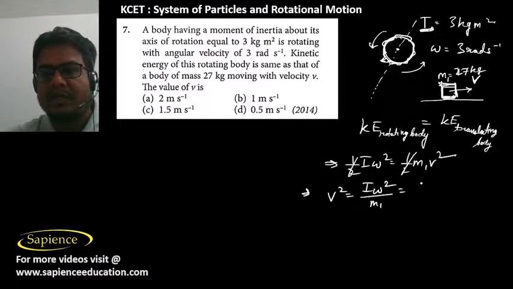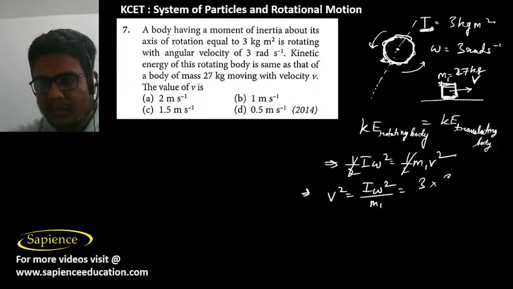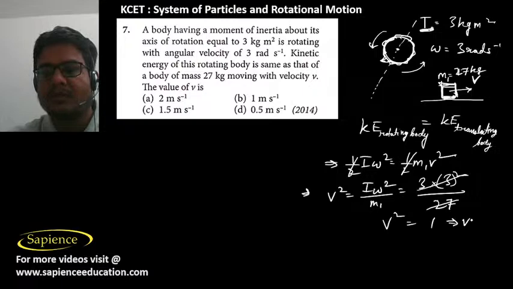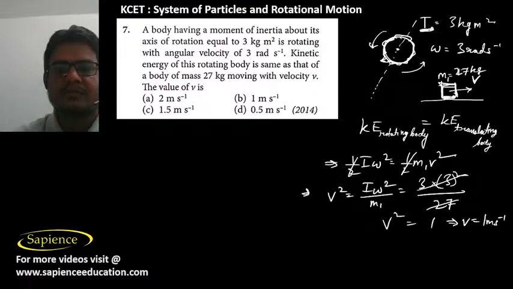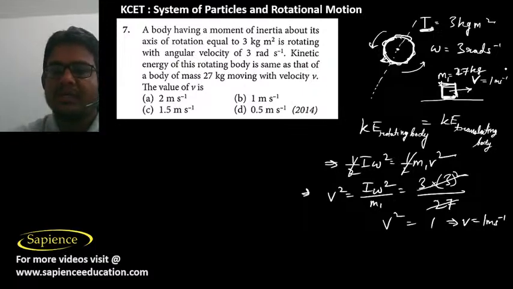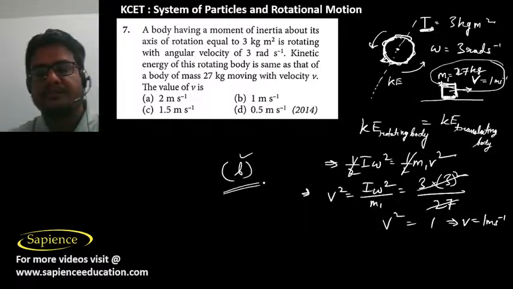I is 3 kg meter square, omega is 3, so 3 square, divided by m1, which is 27. 3 nines are 27, so 27 and 27 cancel, v square equals 1, so v is equal to 1 meter per second. So the translating body should have a velocity of 1 meter per second, then only its translational kinetic energy will be the same as the rotational kinetic energy of the rotating body. So option B is the correct answer.